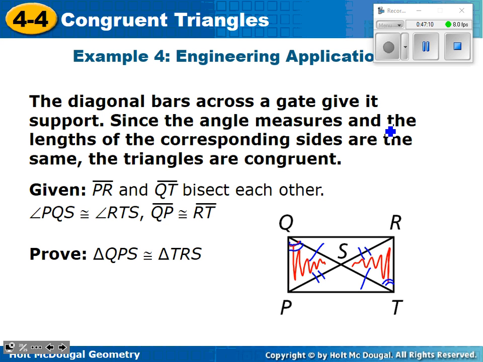And then we can go to the next given. Is that okay? So then we have QP is congruent to RT. And that's given. So QP we'll mark with 3 marks and RT with 3 marks.